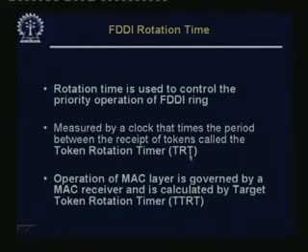If we have synchronous traffic going through this FDDI ring, the synchronous traffic will have to be given the first priority, and the asynchronous traffic, maybe some lower priority data traffic, will be put on the ring or not depending on how loaded it is.